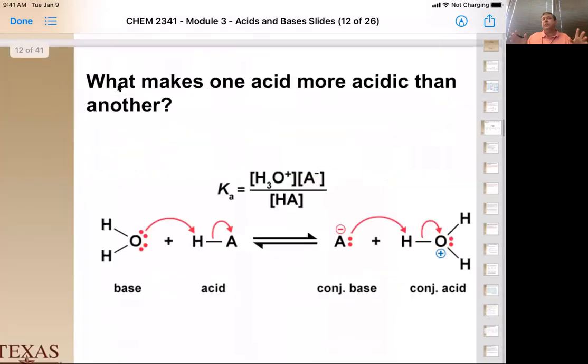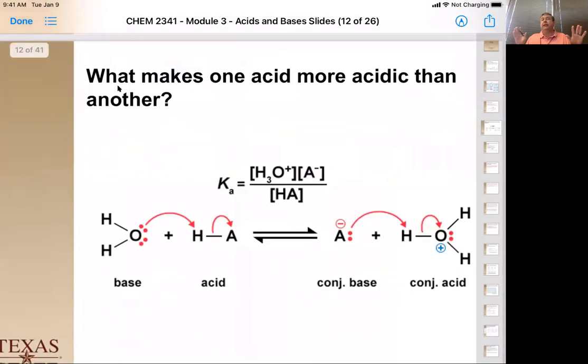Okay. So stronger is better, but what makes one acid stronger than the other? Well, it has everything to do with that equilibrium constant as we compare the conjugate acid concentration here times the conjugate base concentration over the concentration of acid. So as that concentration of acid goes down, that Ka goes up.